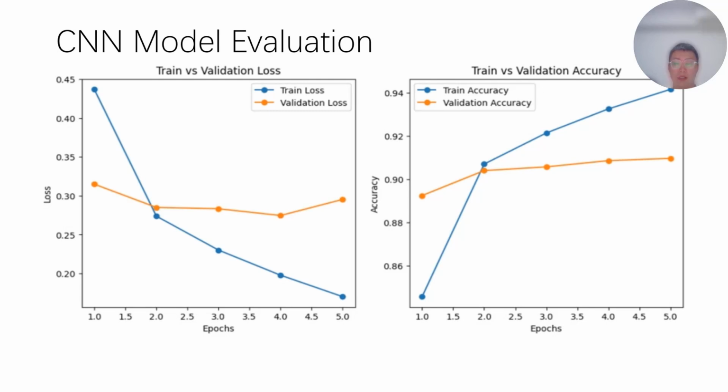And the validation loss decreased from 0.3149 to 0.2952, indicating that the model gradually converged on both training and validation sides. A slight increase in the validation loss in round 5 may indicate that the model is starting to overfit.